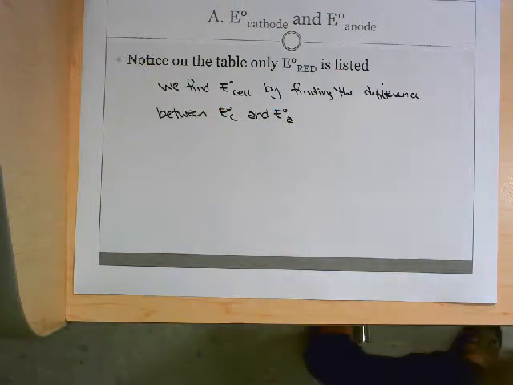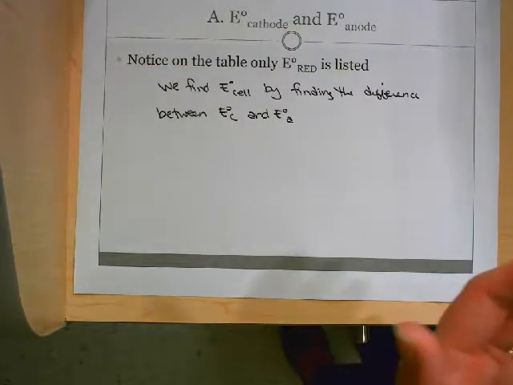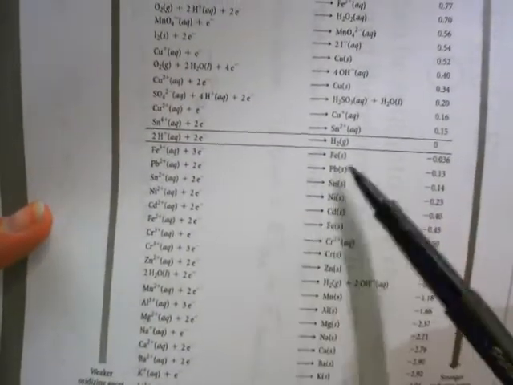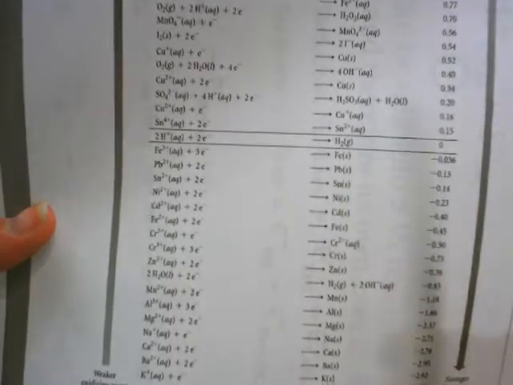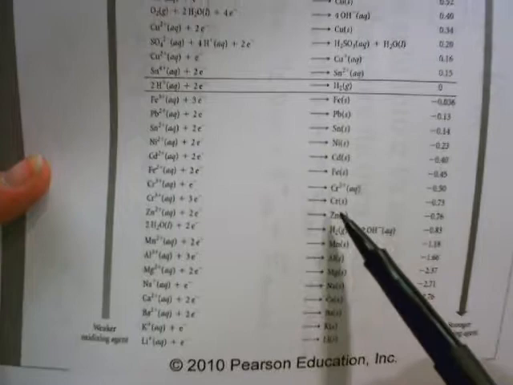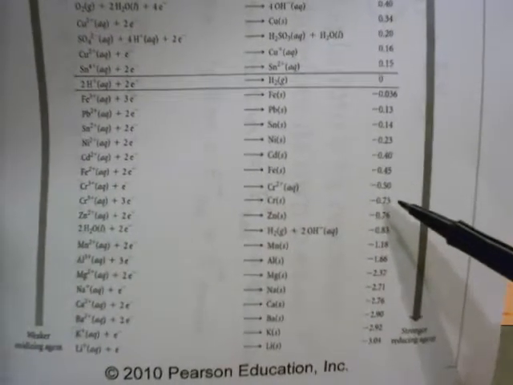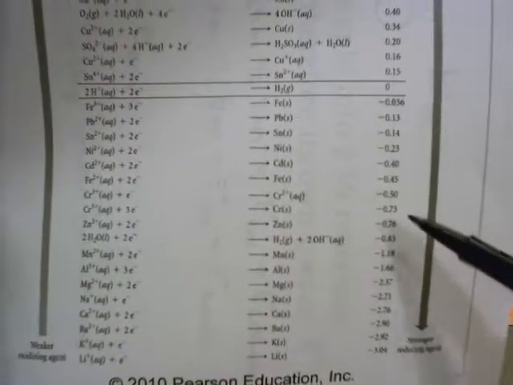Alright, so we find E cell by measuring the difference between these two things. And because I'm looking for the difference, even if I want to combine this iron plus 3 to make iron solid, and this chromium plus 3 to make chromium solid, I do not change the value or the sign of the value in the table.